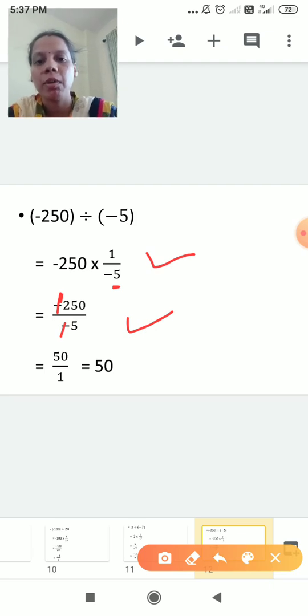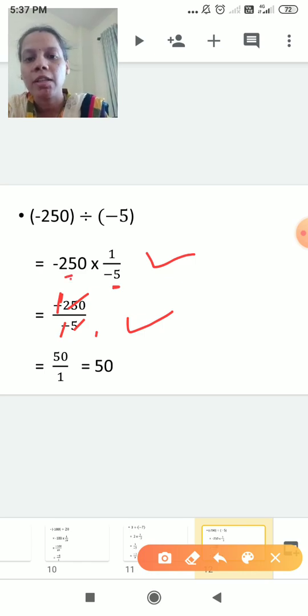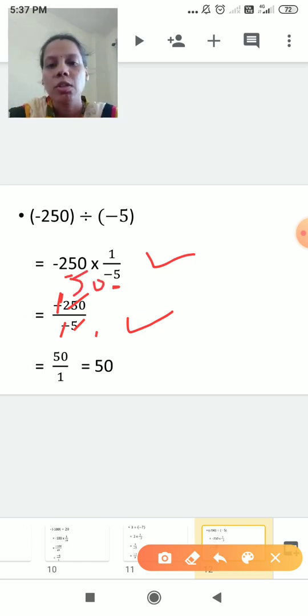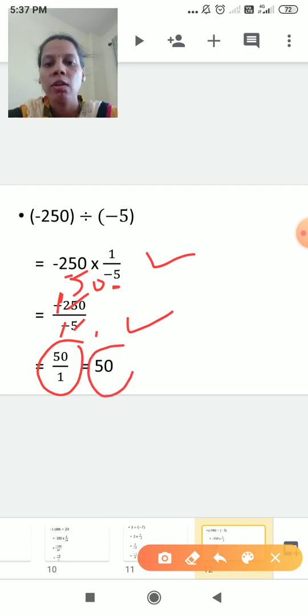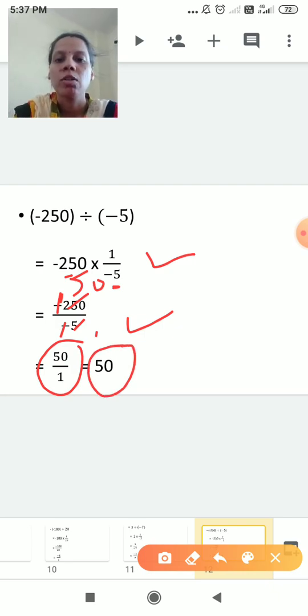We'll divide 250 by 5. 5 ones are 5, 5 5s are 25, and 0 as it is. So the answer is 50 upon 1. Yes, 250 divided by 5 is 50 upon 1, or you can write 50. So this is the answer.